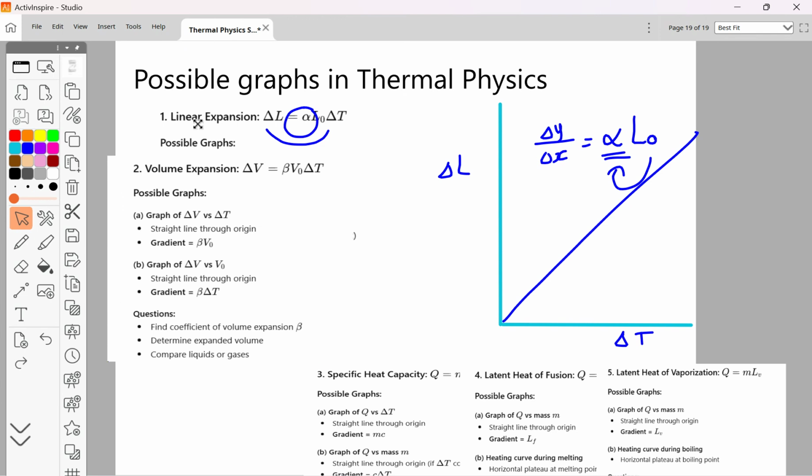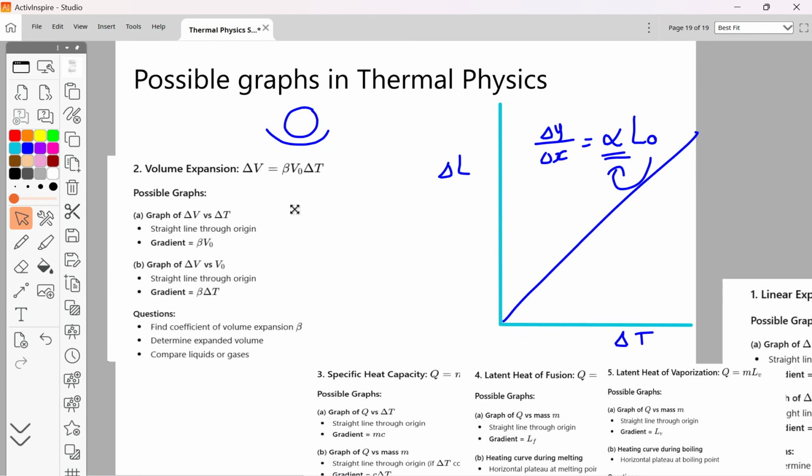This would be delta V versus delta T, and the gradient would be beta times V naught. If we give you V naught, you could then use your change in y over change in x, your gradient value, to get beta.